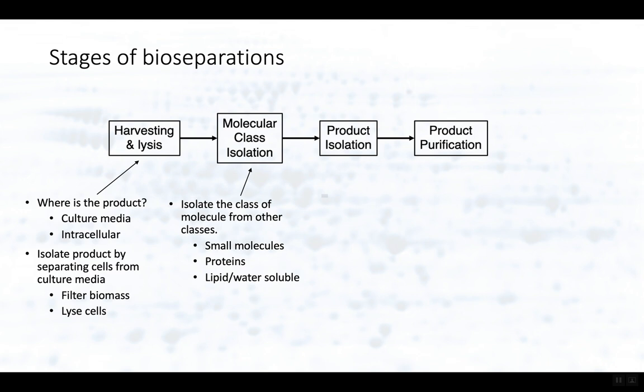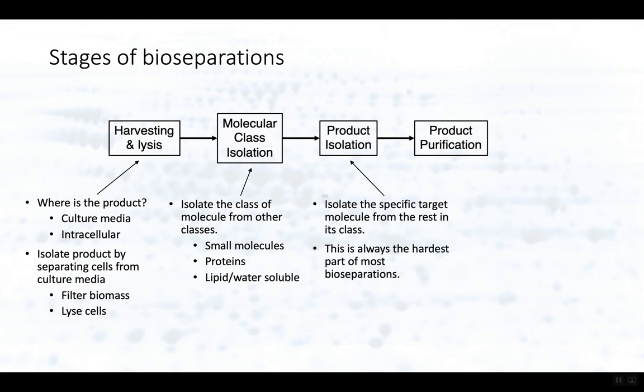Now, once we've done that, we have to go into product isolation. We still have a fairly large number of molecules that we have to isolate the specific target from. The real challenge here is that the class of molecules all have similar physiochemical properties.